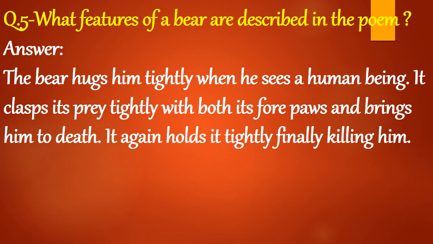So the answer is, the bear hugs him tightly when he sees a human being. It clasps its prey tightly with both its forepaws and brings him to death. It again holds it tightly, finally killing him. So this is the way of a bear to kill its prey.